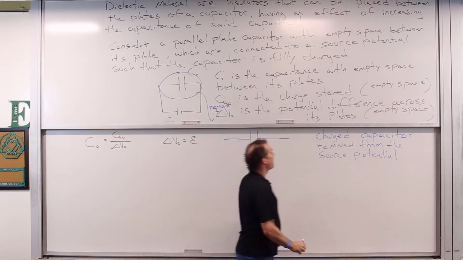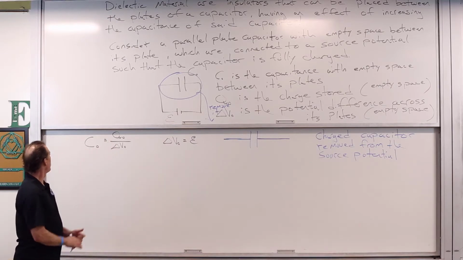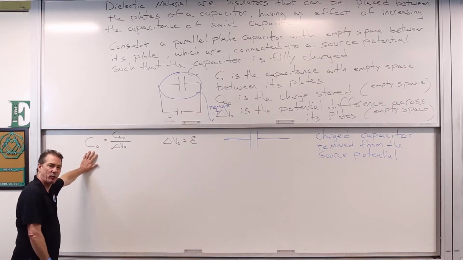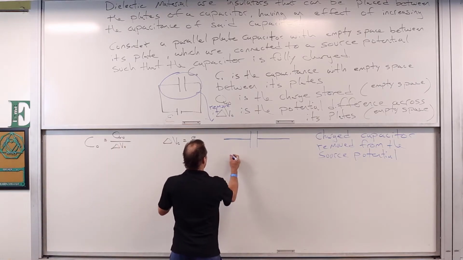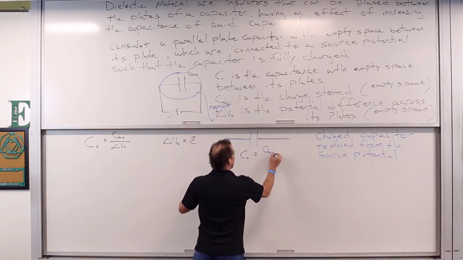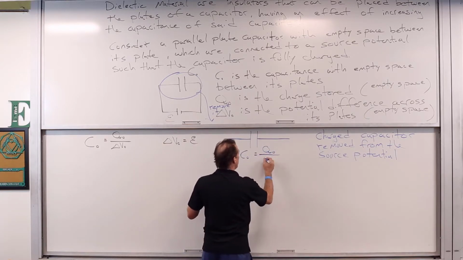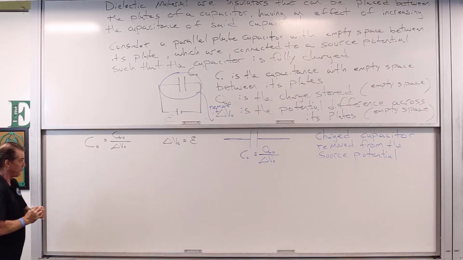So I charge it up, and then I remove it. Right now it's just removed. It would still be defined the same exact way. So it still has a capacitance C0, and that is going to be because it stores a charge Q0 and has a potential difference across its plates, delta V0.